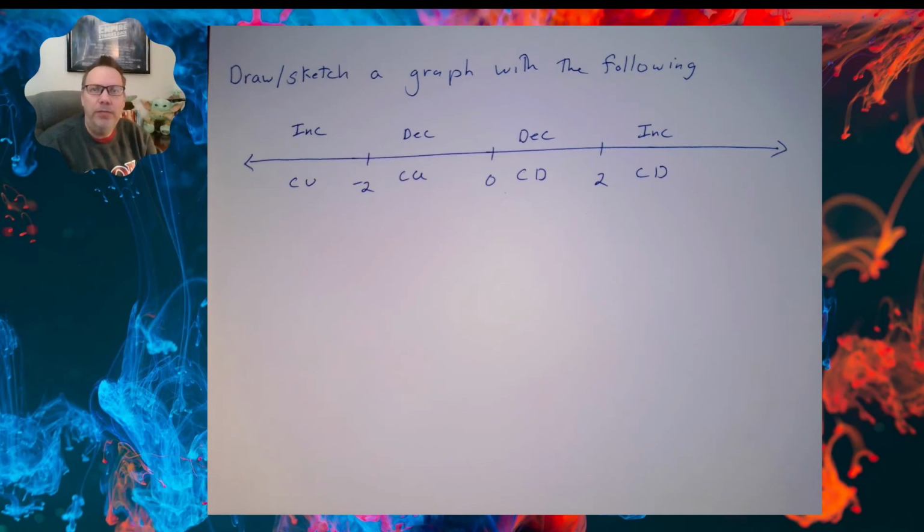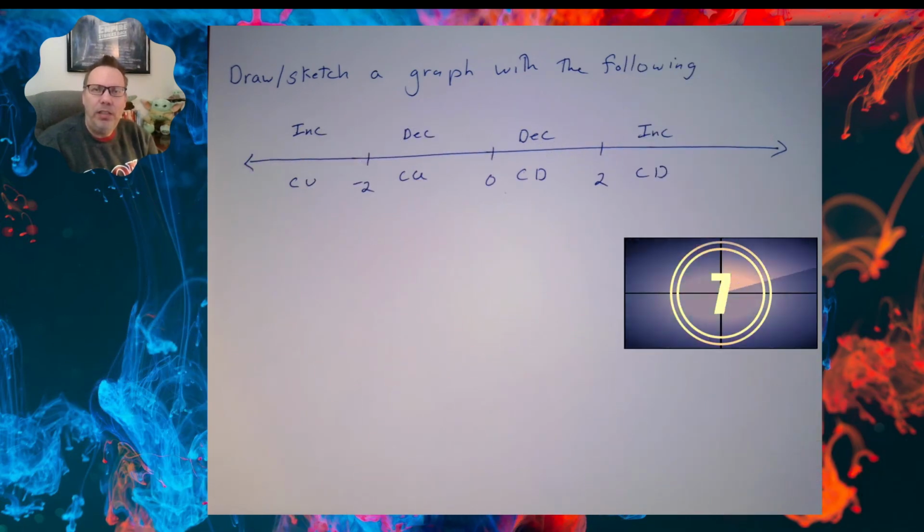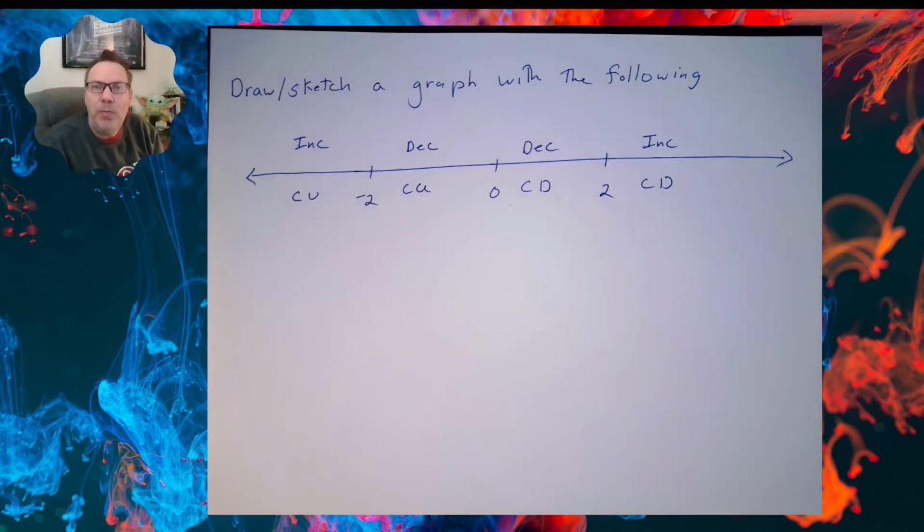This problem is a little bit different. I am giving you the intervals for the direction and concavity. What I would like you to do is to really sketch a graph with the following. There is more than one answer for this, so pause the video now. I hope you had a chance to attempt this yourself.